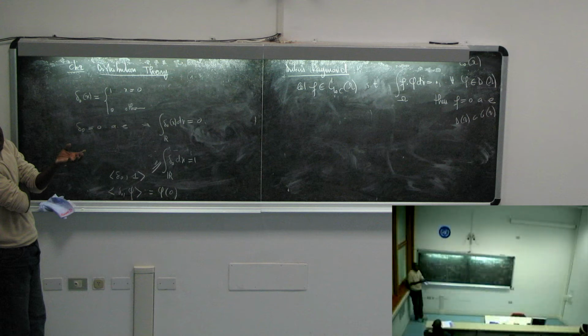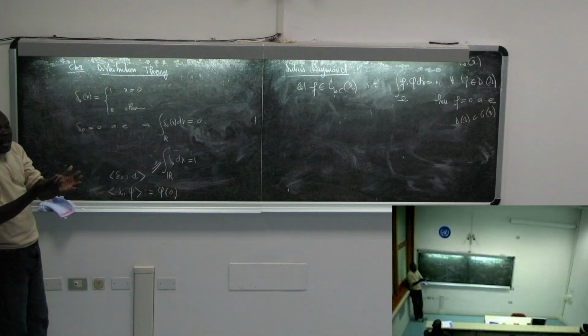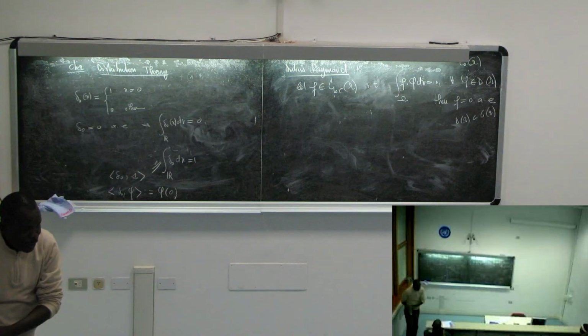Because this is not a normal function as you know, so we try to give a generalization of function. In this case, for example, you will see that this function is not differentiable in the classical sense, but in the sense of distribution, this function is C infinity. And so we will try to give a meaning of derivative in the sense of distribution. This one will generalize the notion of derivative you know.